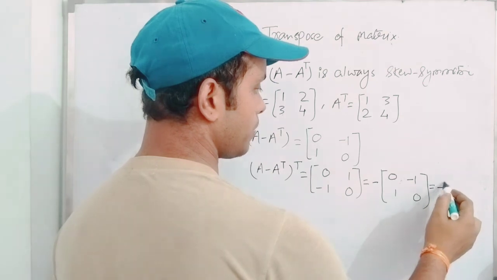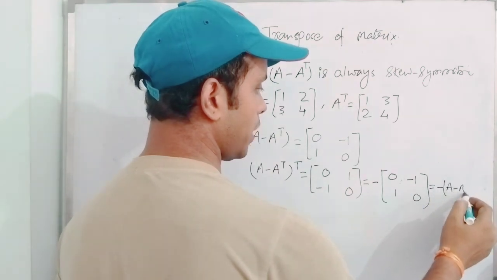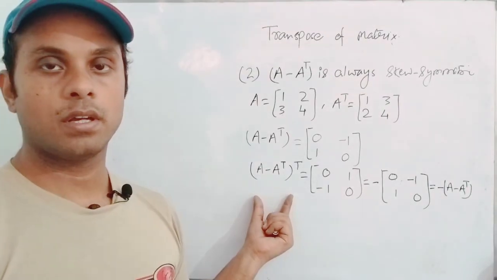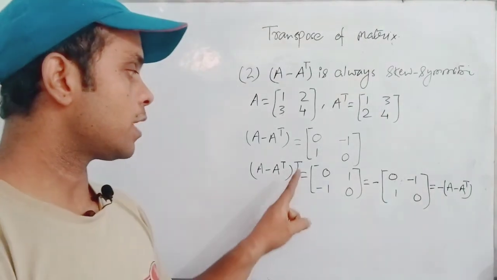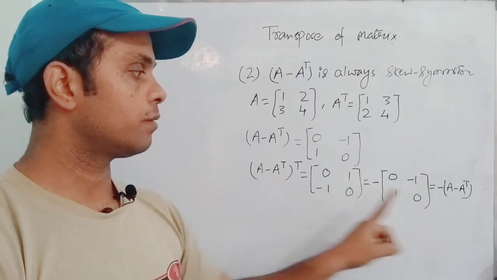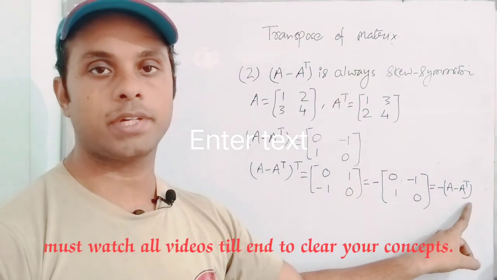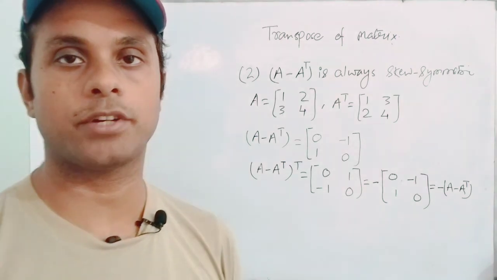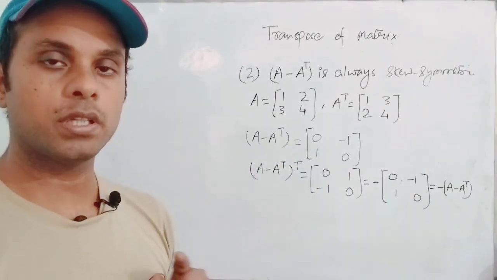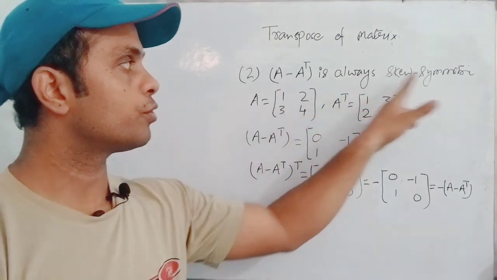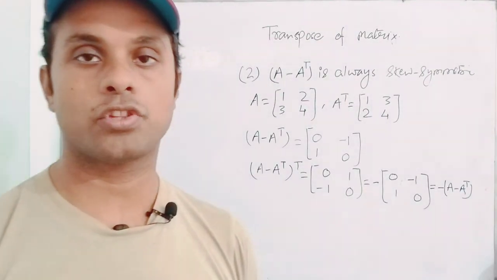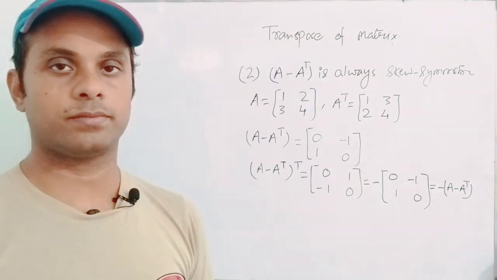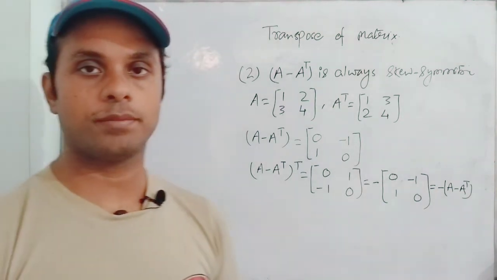So this is basically equal to A minus A transpose. So the basic concept was, for a skew-symmetric matrix, the transpose of the matrix must be equal to the negative of itself. So here we have verified the condition of a skew-symmetric matrix also. So remember the result, A minus A transpose is always a skew-symmetric matrix. So this was the concept.